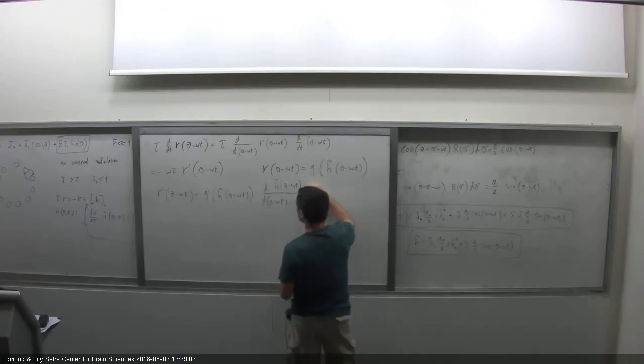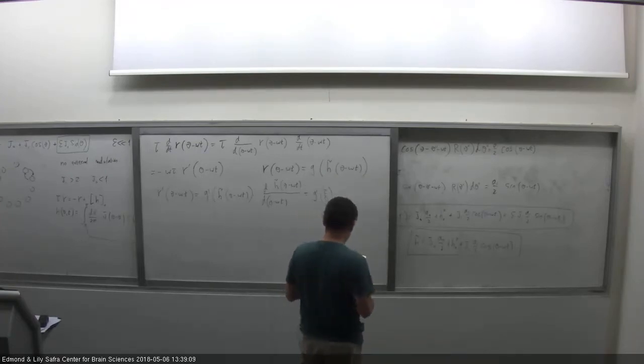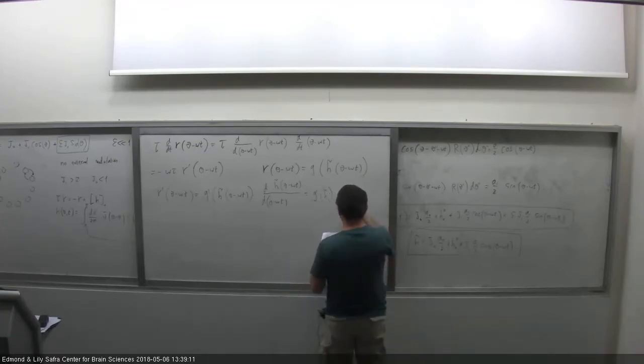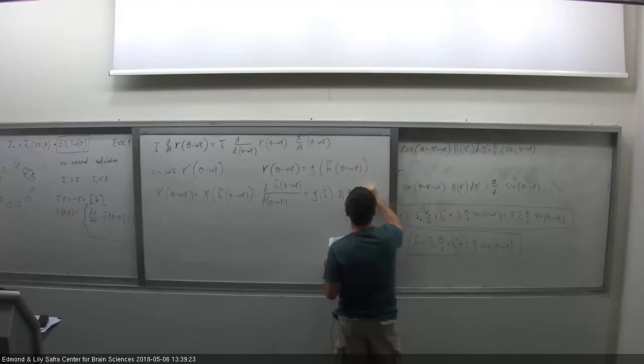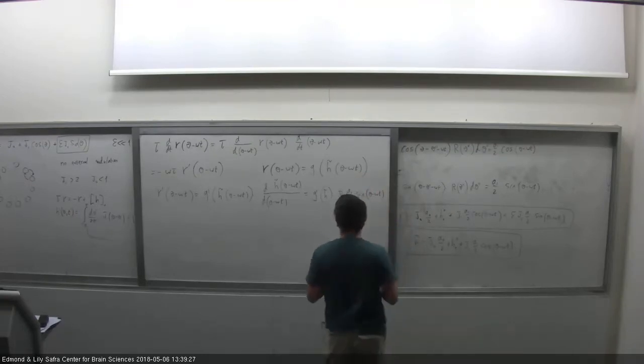So this is just equal to G prime of H tilde times J1 A1 over 2 sine of theta minus WT, and there is a minus.